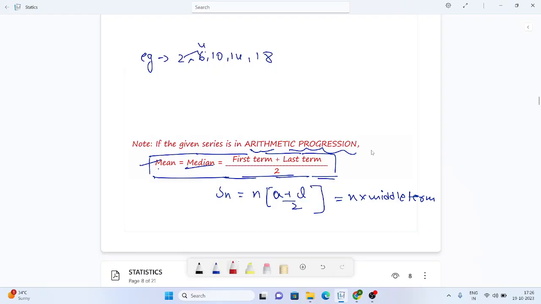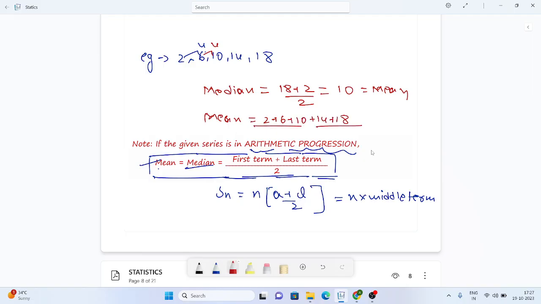For finding the median here, you simply do 18 plus 2 by 2, which is nothing but 10. Also, if you find the mean, it is equal to this. To find the mean, you add 2 plus 6 plus 10 plus 14 plus 18 and divide by 5, which again gives 10. So the mean and median are similar for an AP.